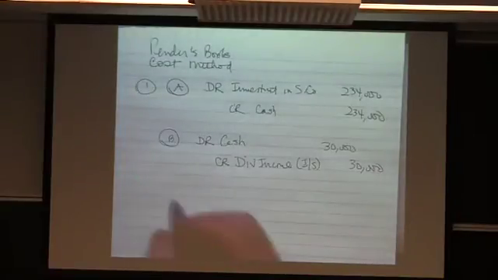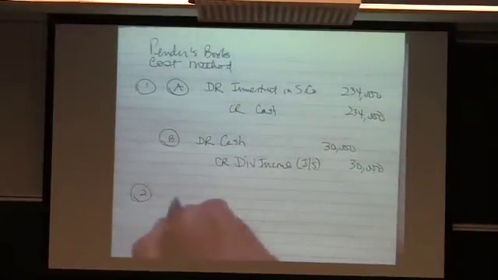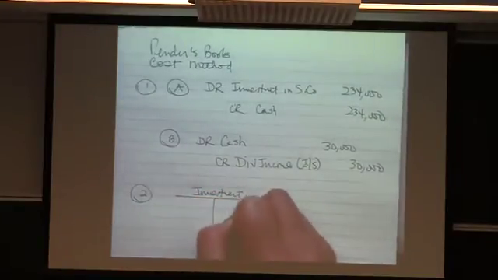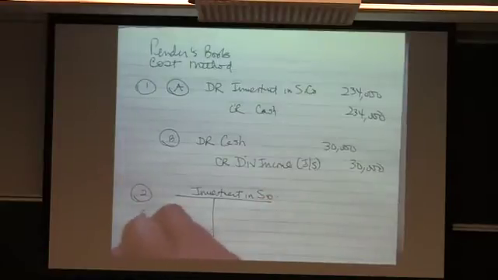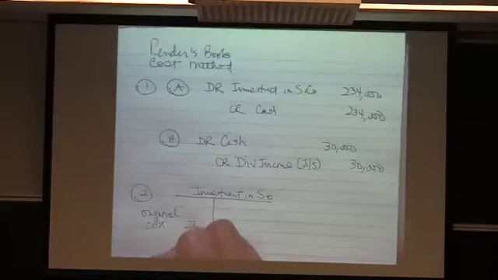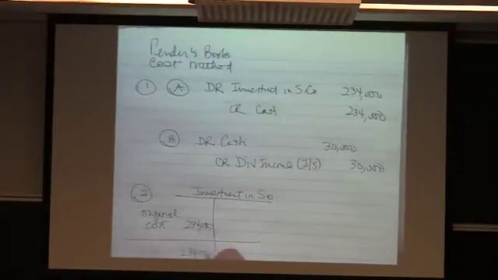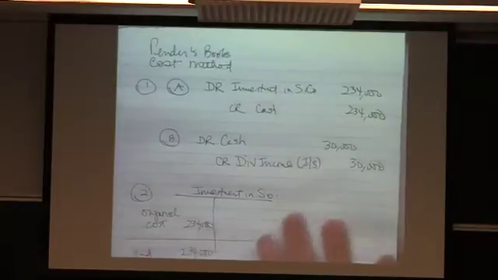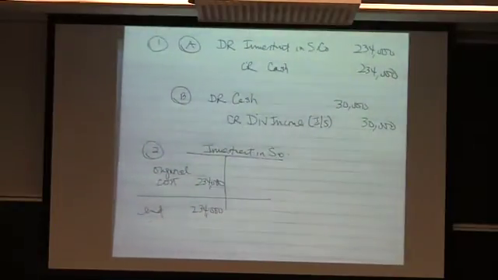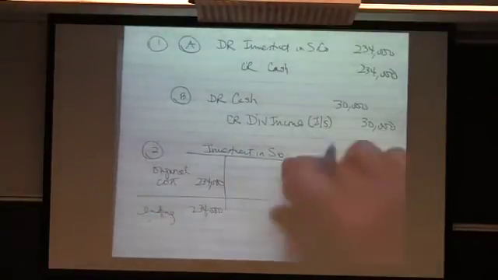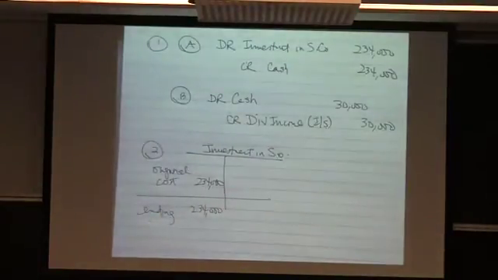Now, that means that the investment T account will have the original cost, and there'll be no other changes. That's what's going to happen, there's not going to be any activity. The only way we're going to perhaps impact this is if there was an impairment.